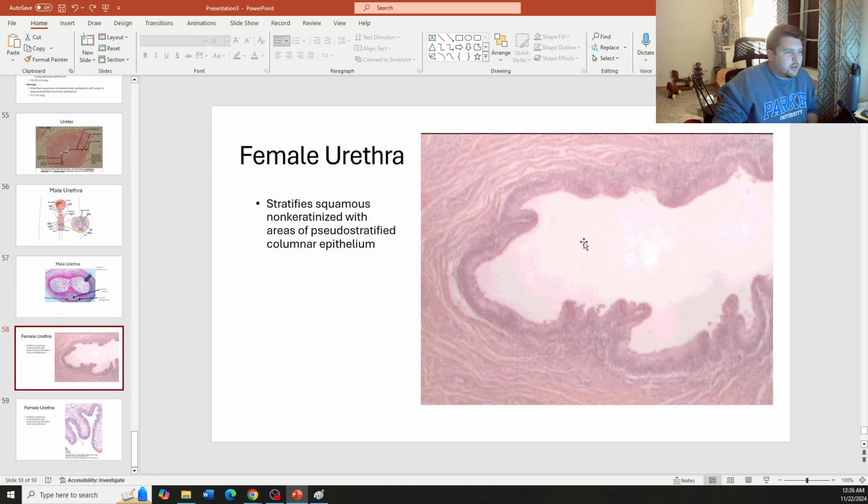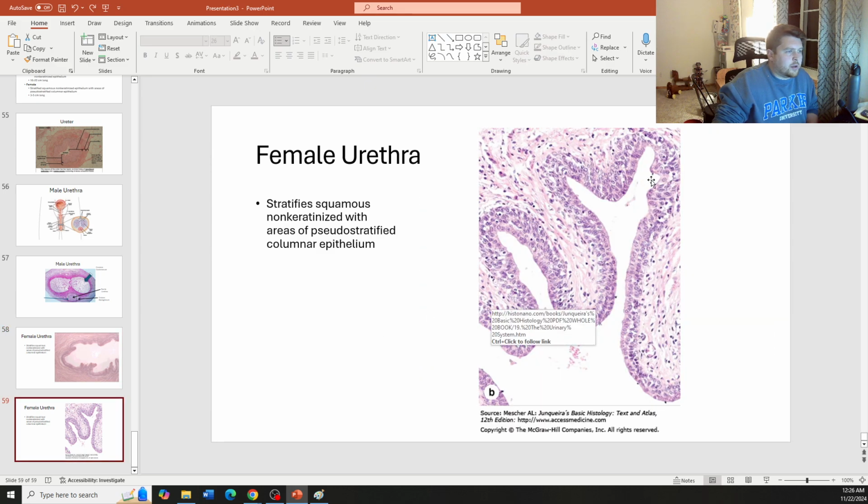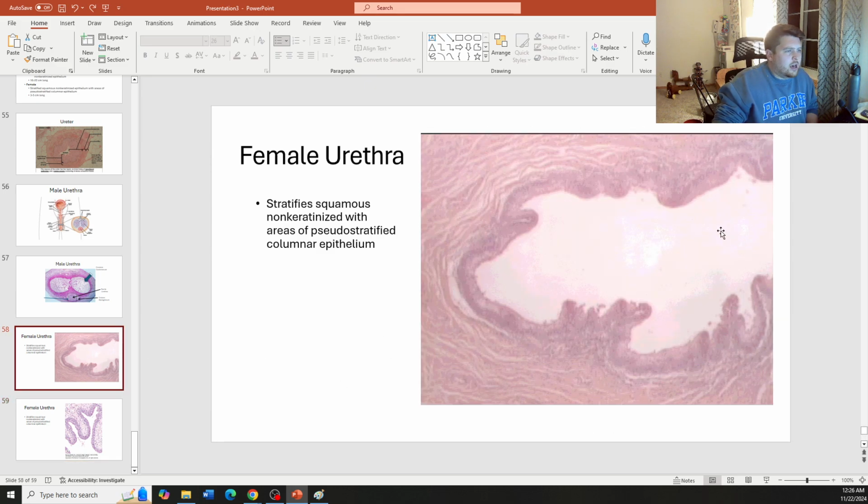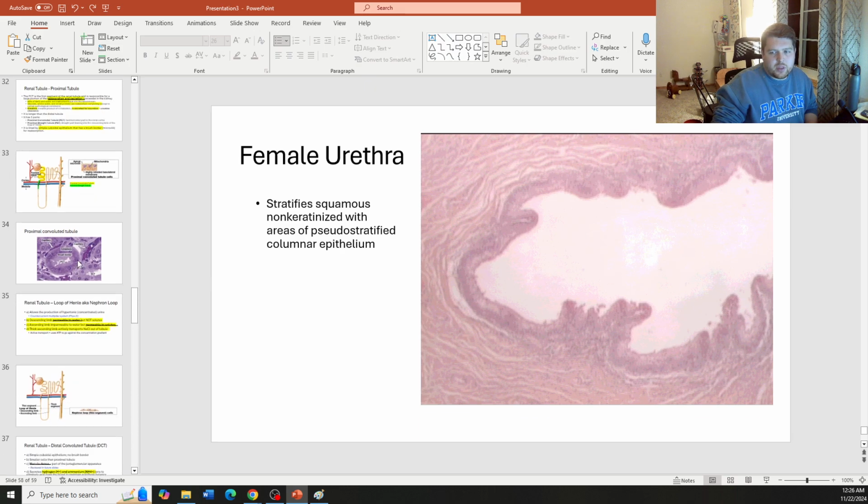This is the female urethra, and another picture of the female urethra. This picture is almost always on tests. This one, I remember consistently is tested on. I remember seeing this specific one, I think, 2 or 3 times on different exams.